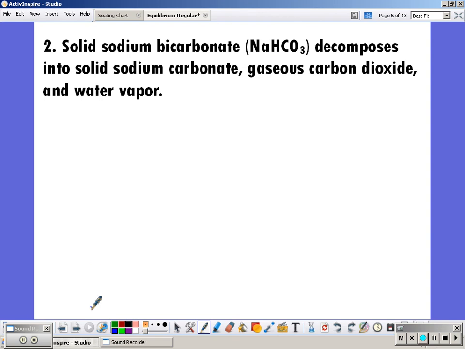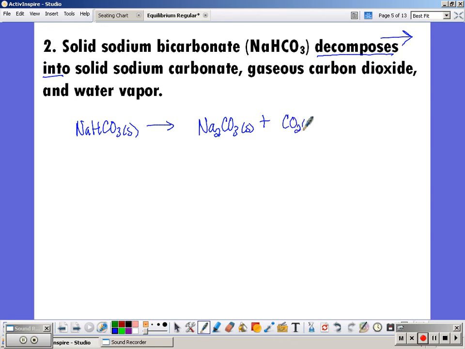Solid sodium bicarbonate decomposes into, so that is my arrow. NaHCO3 solid is my reactant. It's turning into sodium carbonate, cross your charges, solid, plus carbon dioxide gas, plus water vapor.